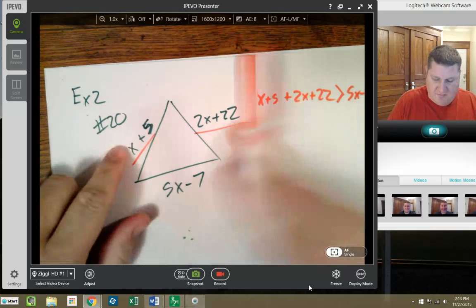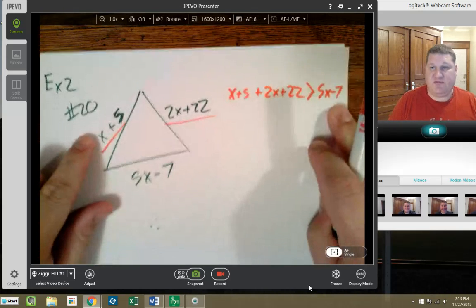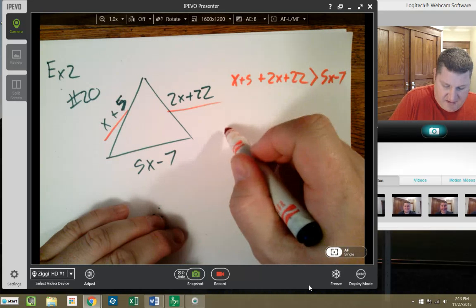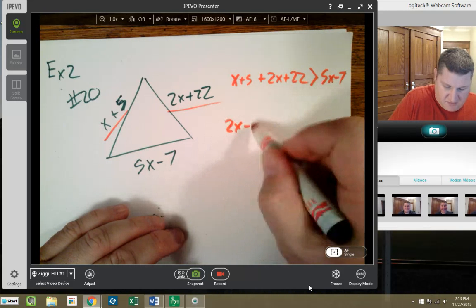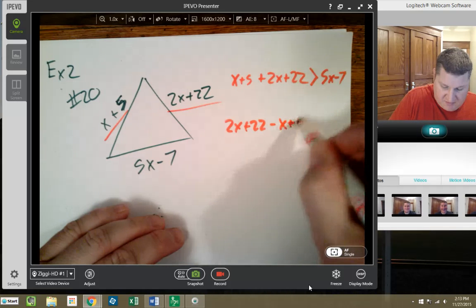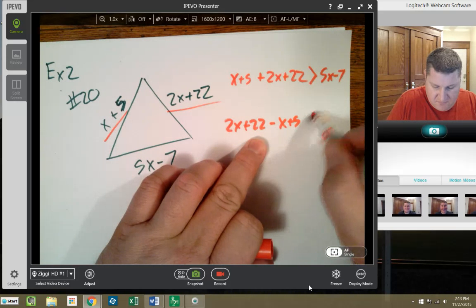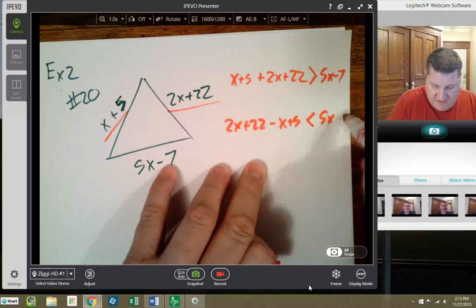So those two added up have to be greater than the third side. That also means that the absolute value, and we'll take 2x plus 22 minus x plus 5, is also going to have to be less than 5x minus 7.